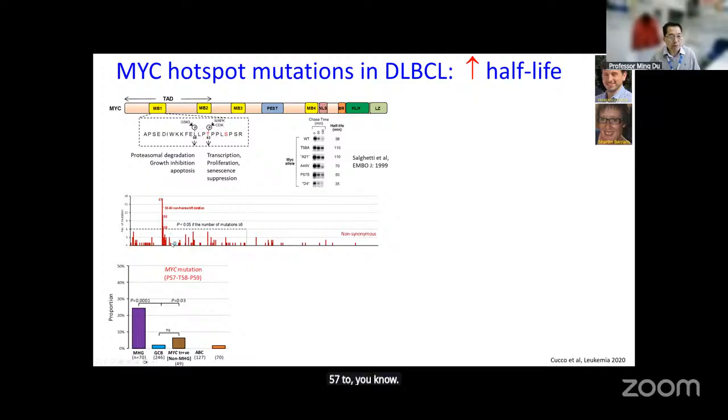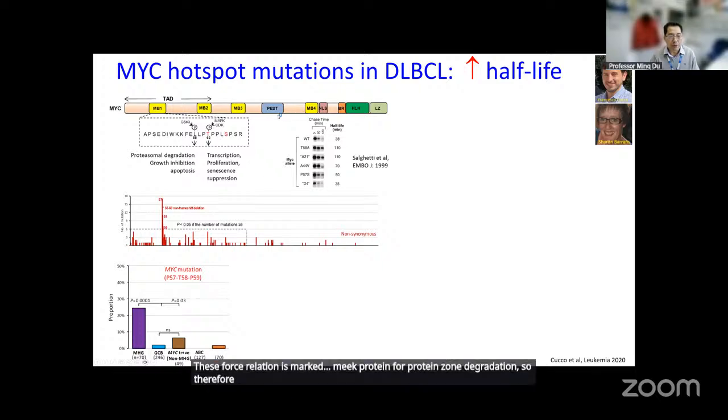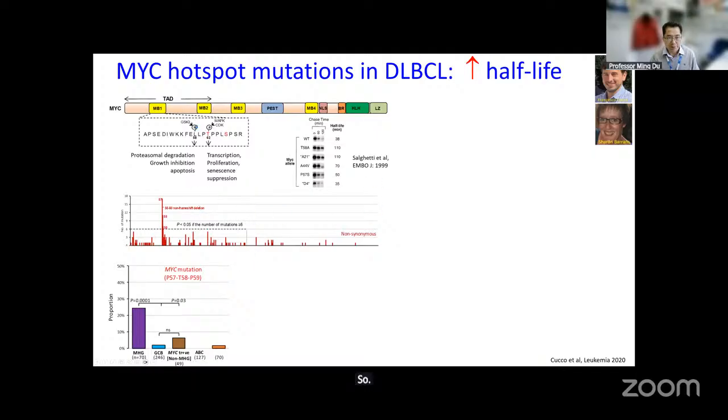This mutation is located around the first phosphorylation domain, at codon 58. This phosphorylation marks MYC protein for proteasome degradation, thereby reducing the MYC protein half-life.